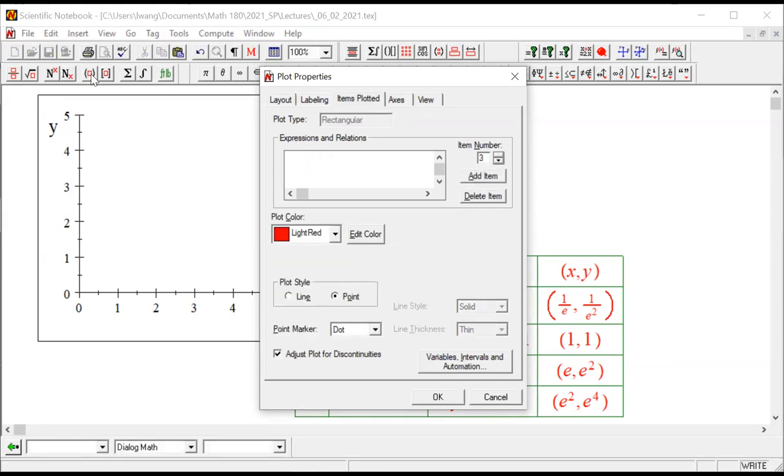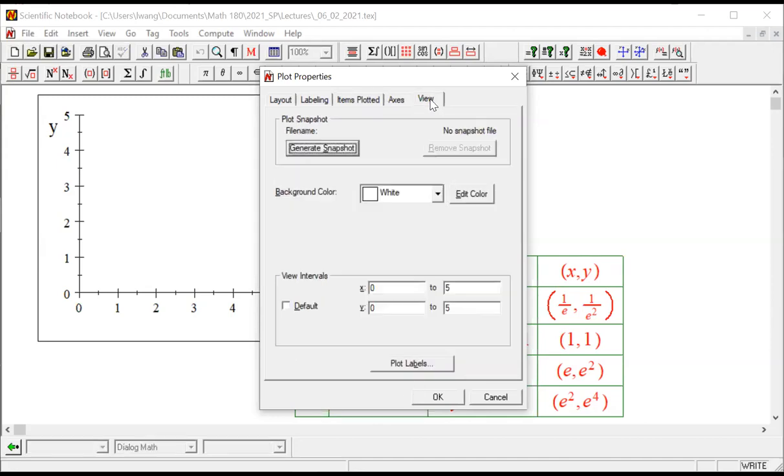Second one, 1, 1, e, comma, e squared. E squared, e to the power 4.